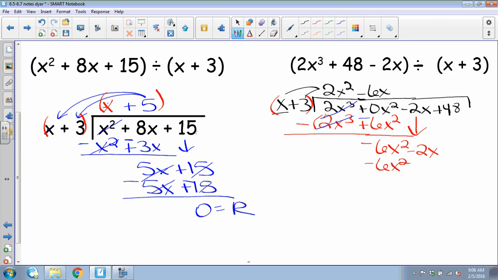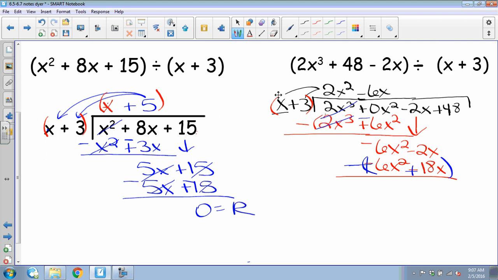Negative 6x times 3 is negative 18x. That was multiply. Next is subtract. So I have to subtract this whole polynomial. So this is going to become positive 6x, and this is going to become positive 18x.